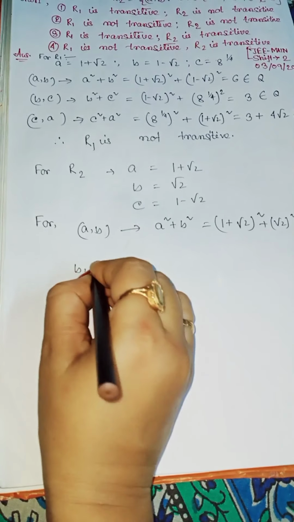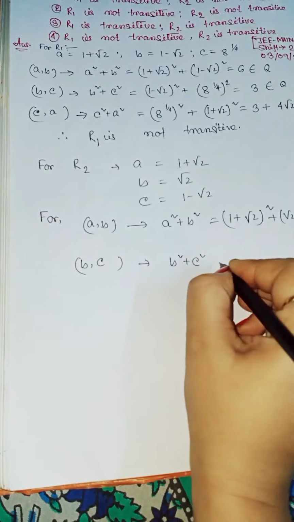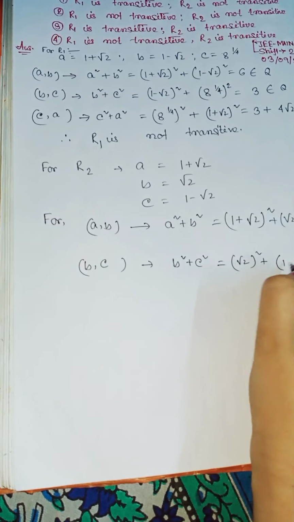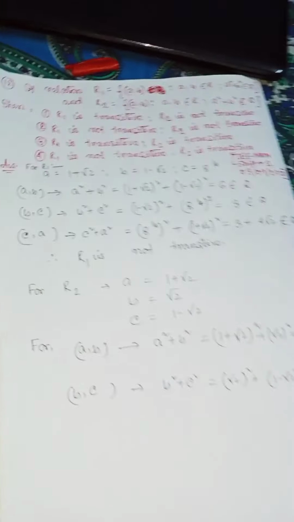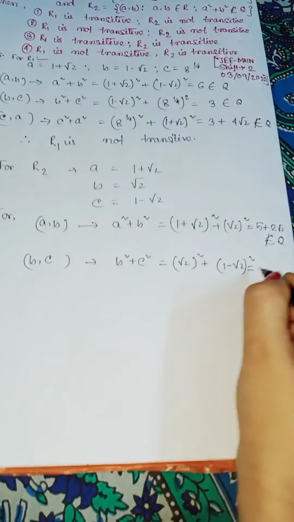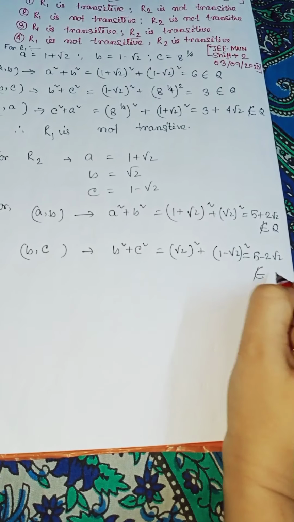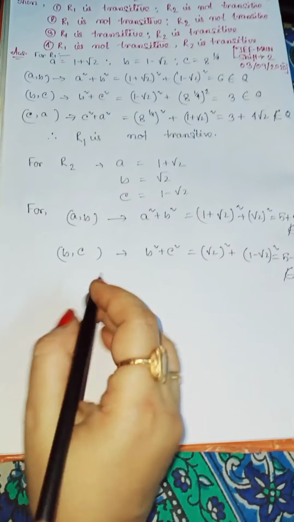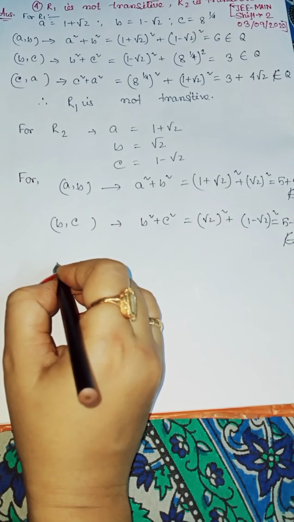And secondly, (b, c) implies b square plus c square, where b is equal to root 2 whole square and c is equal to (1 minus root 2) whole square, and that is equal to 2 plus 5 minus 2 root 2, that also does not belong to Q. So it is in relation and not a rational number.